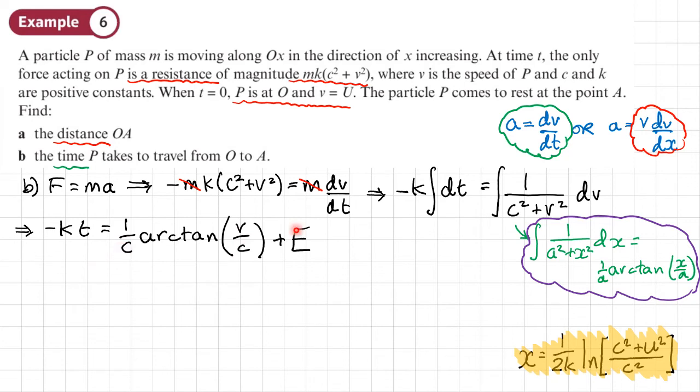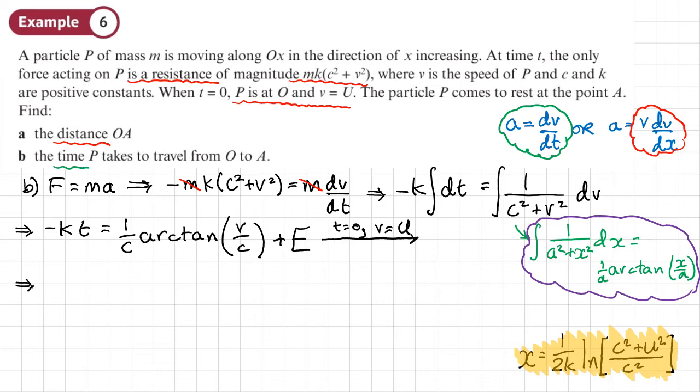So we want to find this constant e, so we need to substitute in t and v, but we know that when t is 0, v is equal to u. So t equal to 0, v equal to big U. So we'll substitute those in.